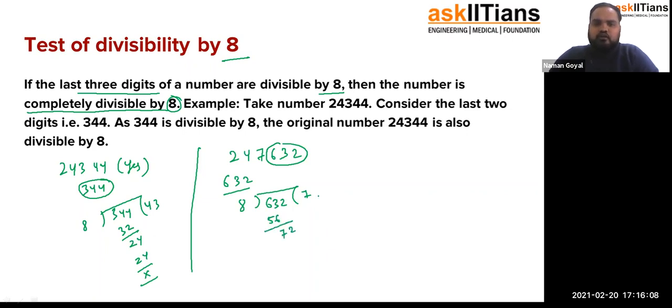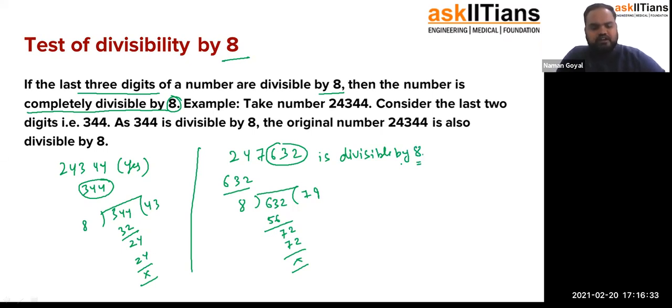Now 8 nines are 72. So if you see, yes, the number 247632 is divisible by 8. Okay, very simple. We can do it like that also, right?